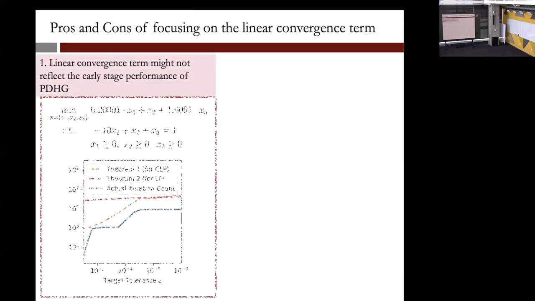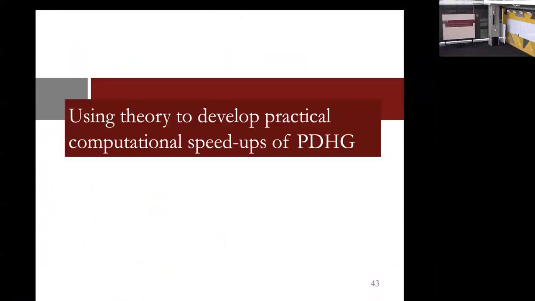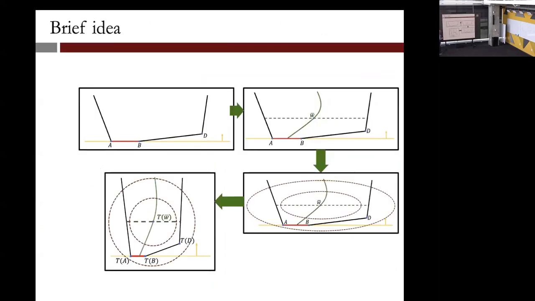So here's what I'm going to do. I'm going to skip over a bunch of my other results, which is unfortunate for me, but maybe fortunate for you. Now I'm going to talk about using theory to develop practical computational speedups. Here's the idea.